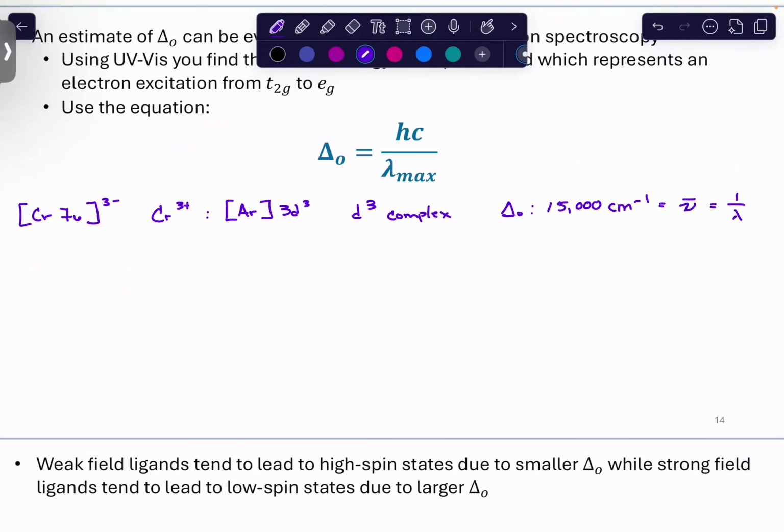Now let's go with some midfield ligands and then a strong field ligand. See, there's the chromium 3 coming out. So you know this is still a d3 complex. And the UV-vis data.